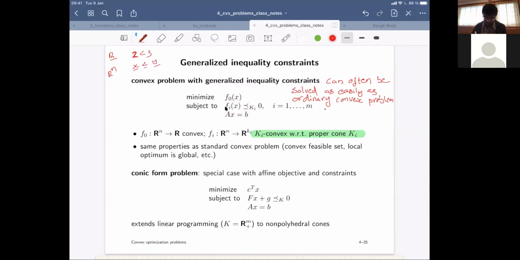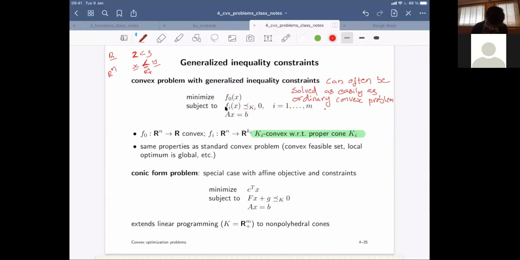This can be said only using a generalized inequality. Here we use R^n plus, which means a component-wise inequality. We saw this in detail previously, right? So this is a component-wise inequality.